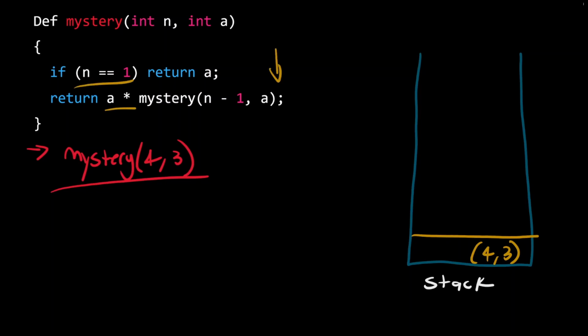So we're going to multiply a. What is a in this case? A is 3. So we're going to multiply 3 with something, the return statement, but we don't have anything to return at this moment. So let's move on to the next call.